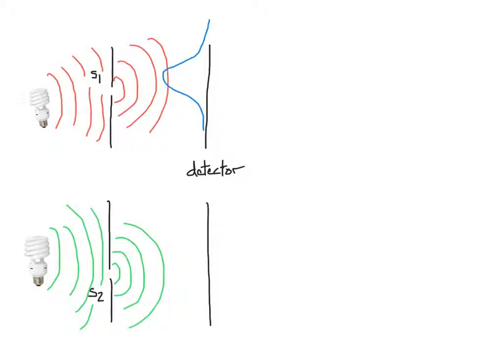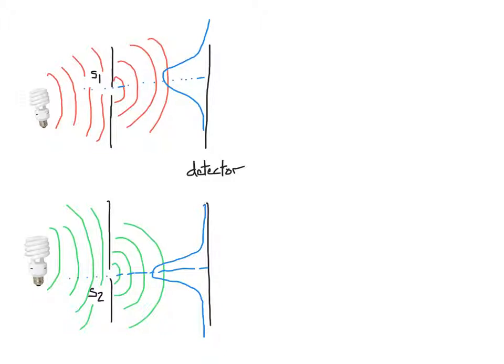And then if we graph the intensity distribution for that light on the detector, it lines up essentially with slit 2. So notice that when the light propagates through slit 2, it lines up essentially with slit 2. When the light propagates through slit 1, it lines up essentially with slit 1.